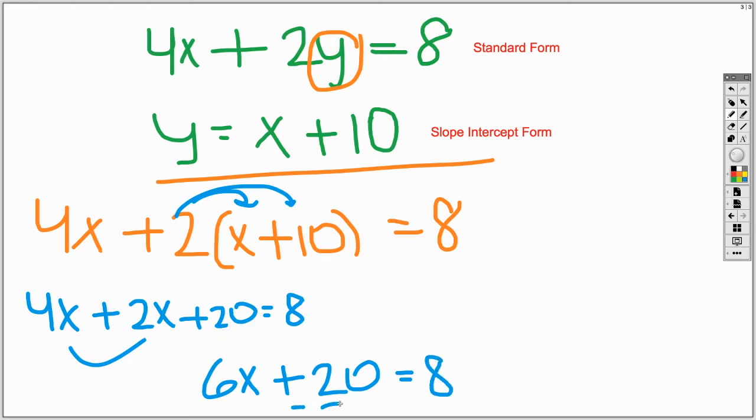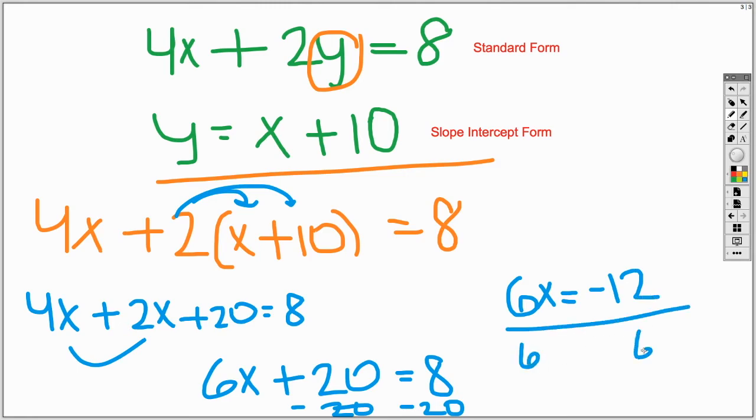Then we solve it like normal, so minus 20, and you should get 6x equals minus 12. Then you divide by 6 here, 6 here, and you get x equals minus 2.